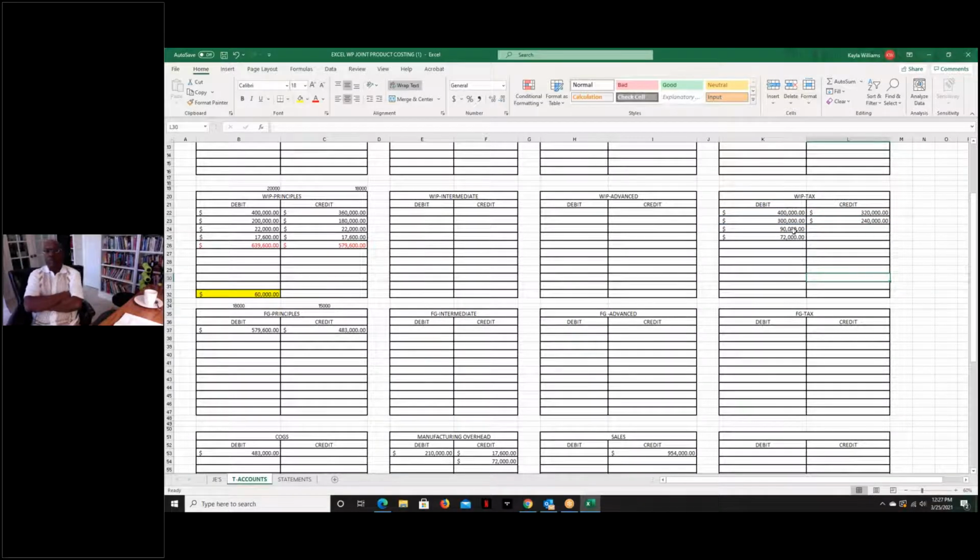And I'm using all of that. So finished goods.